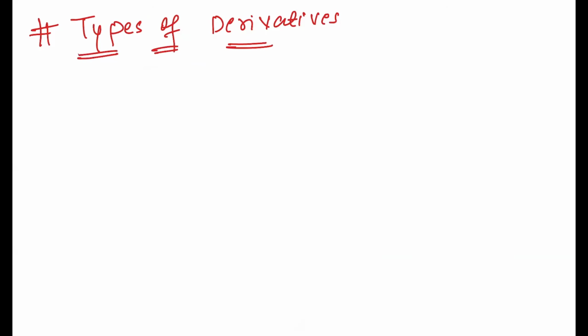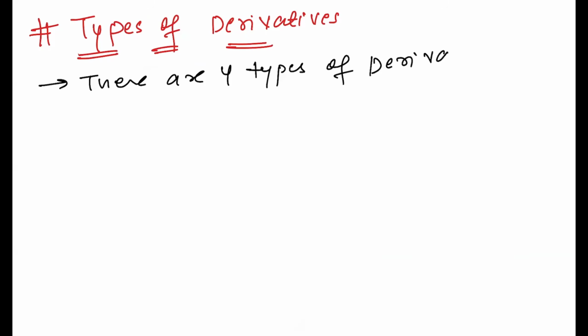And this is one of the very famous interview questions. Can you tell what are the different types of derivatives that are traded in the market? There are four types of derivatives that are commonly traded in the market.